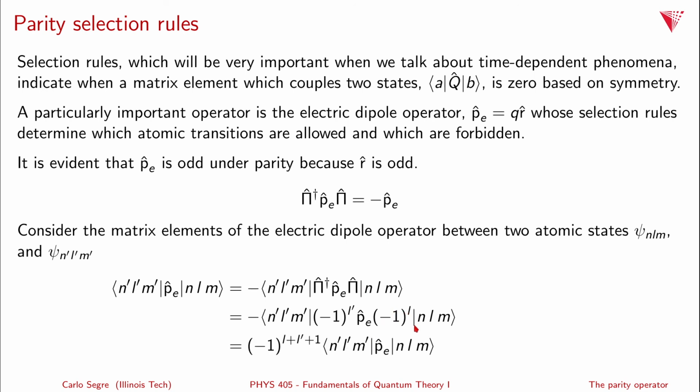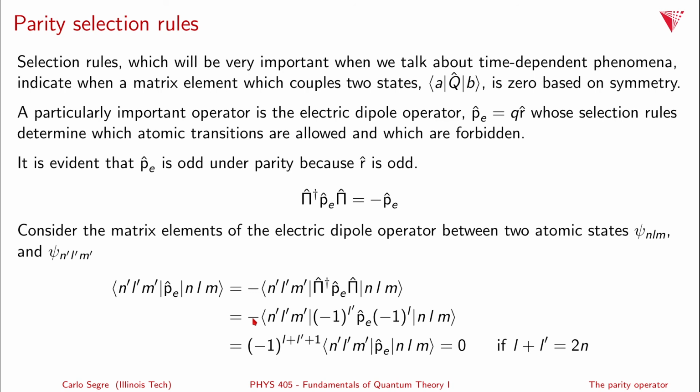So we're left with a matrix element of n prime, l prime, m prime, P sub E, n, l, m, which is exactly what I had on the left side. But now we've built up this additional factor, which is minus 1 to the L plus L prime plus 1, because you had that extra minus 1 at the beginning.